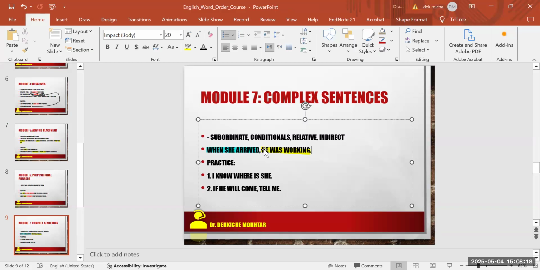We have to separate meaningful sentences. He was working. She arrived, and we use when to combine these two sentences.